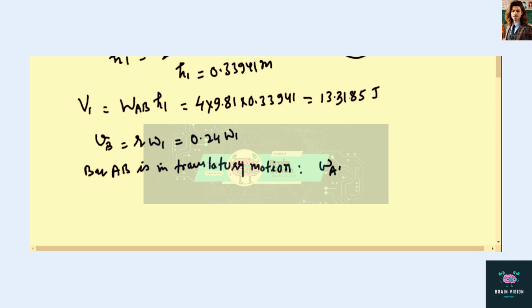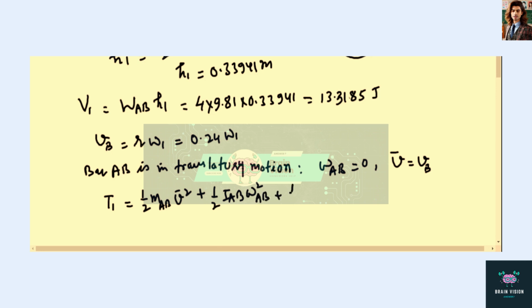So omega AB is 0. Velocity of centroid will be velocity of B point. So total kinetic energy of the system is half m v squared, plus half I AB omega square AB, plus half IC omega 1 square.